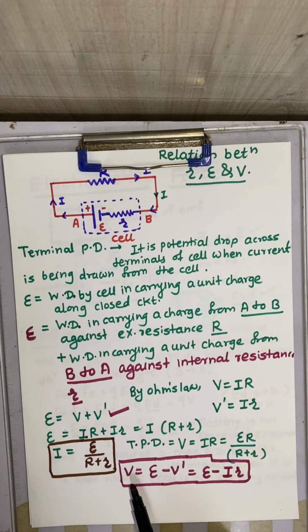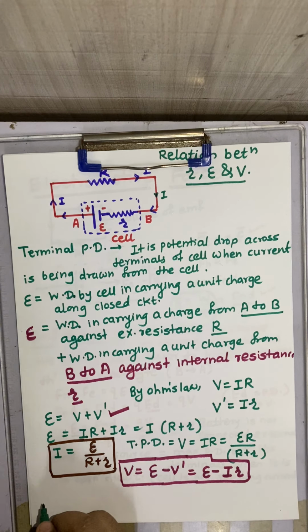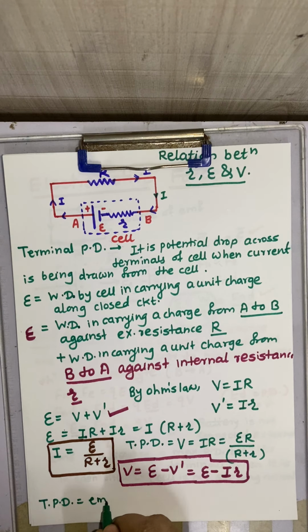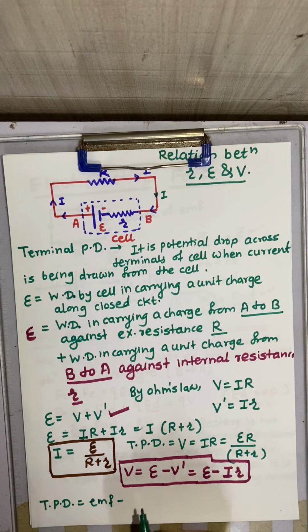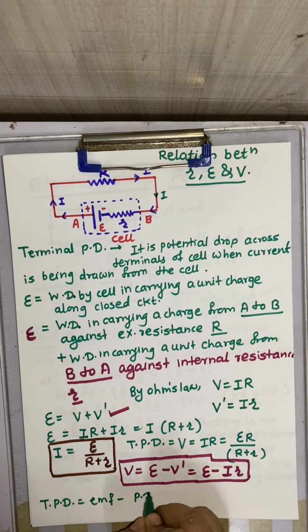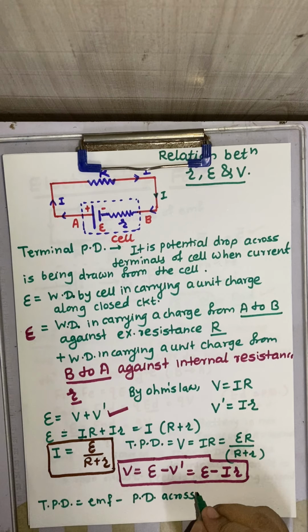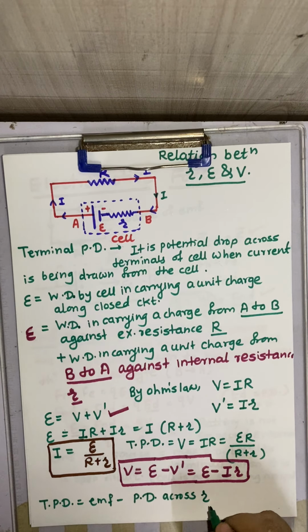Therefore terminal potential difference is equal to EMF minus the potential drop across the internal resistance small r.